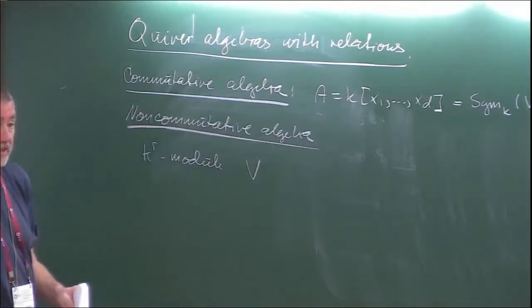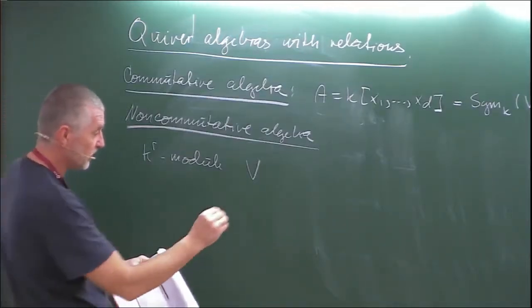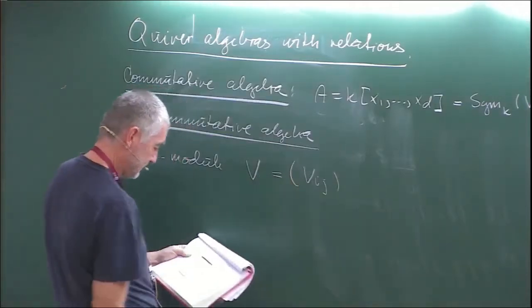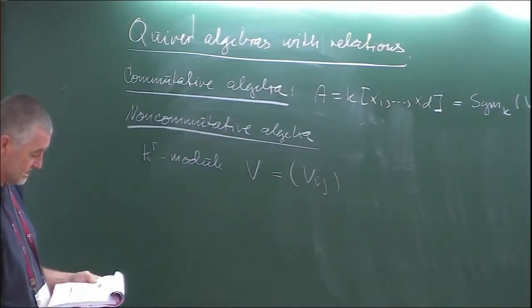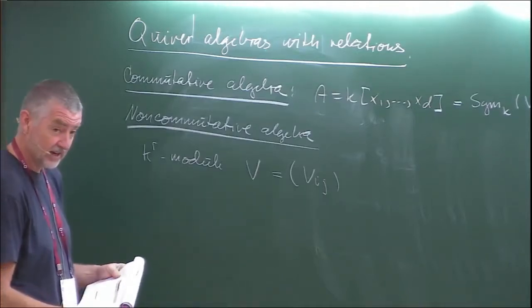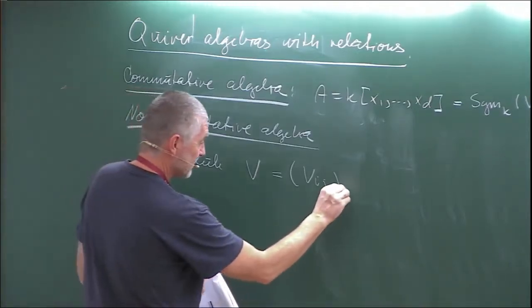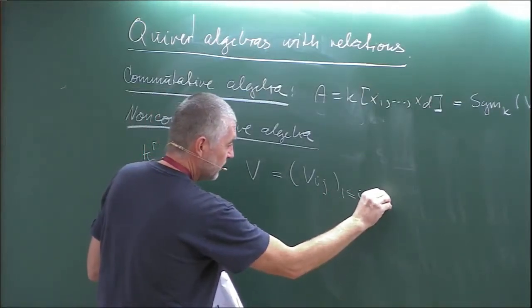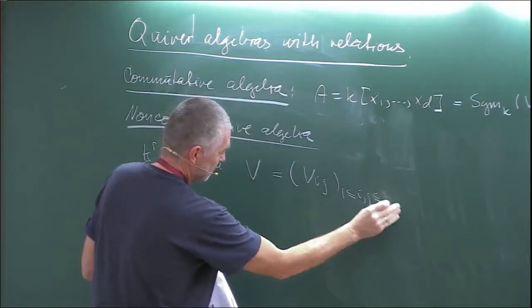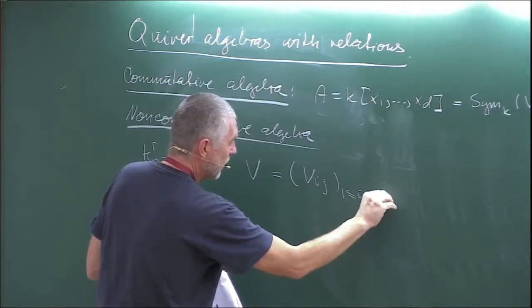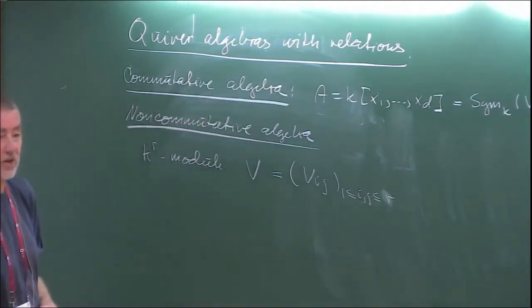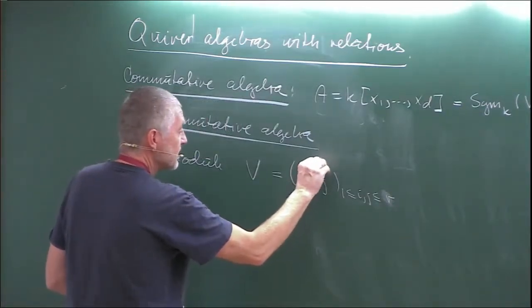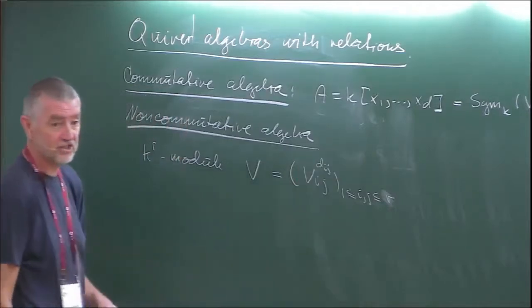And I would like a k^r module V, which is equal to (V_ij). We look at r times r matrices. And I can let each of these have dimension d_ij.